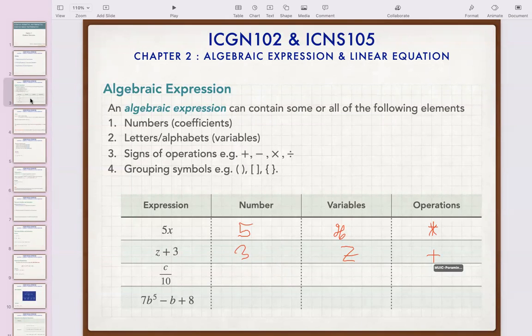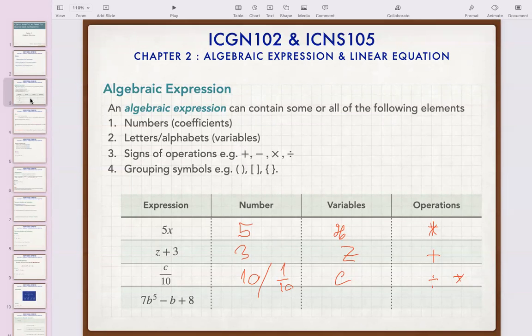Nithi, the number is 10, the variable is c, the operation is division. Somebody may answer differently. They may say that the number is 1/10, the variable is c, and the operation is multiplication. Is it possible?